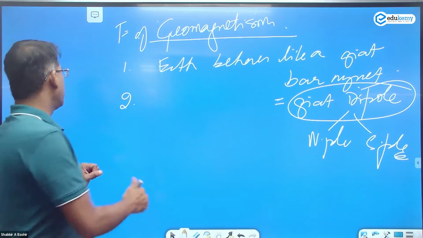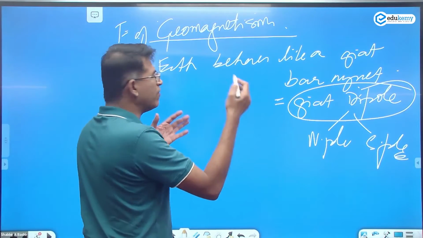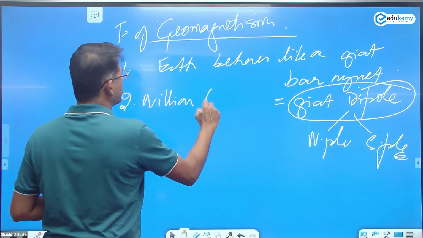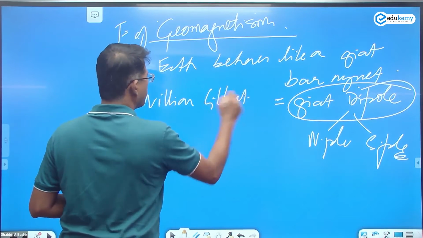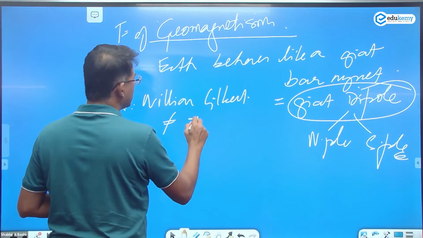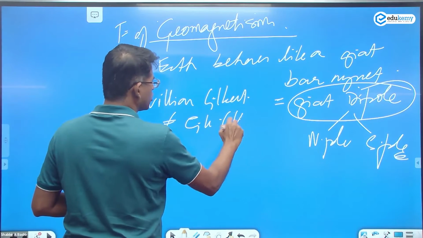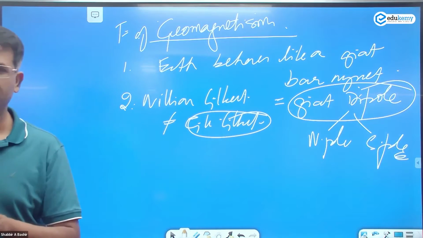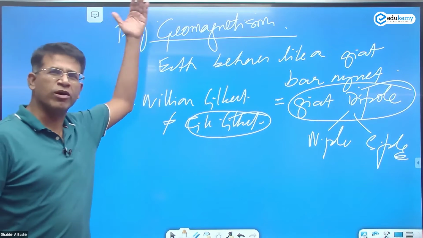That's one. Second, this was discovered by a person called William Gilbert. William Gilbert is not the same as G.K. Gilbert. The Gilbert of the equilibrium theory is different. William Gilbert is much older.